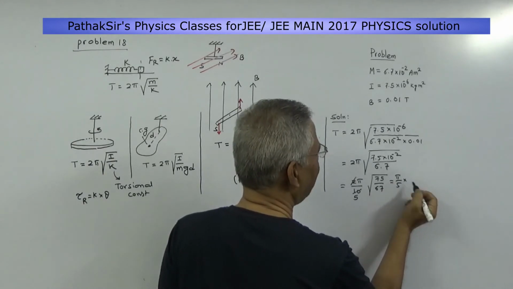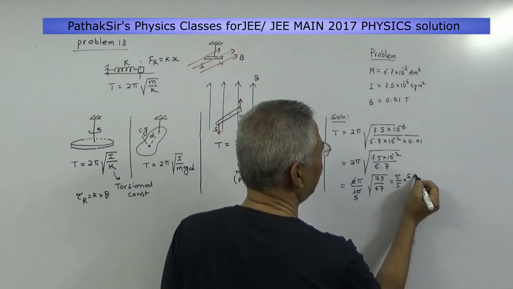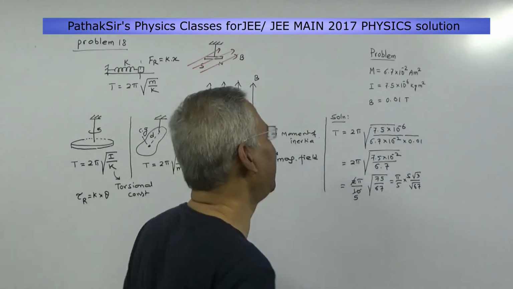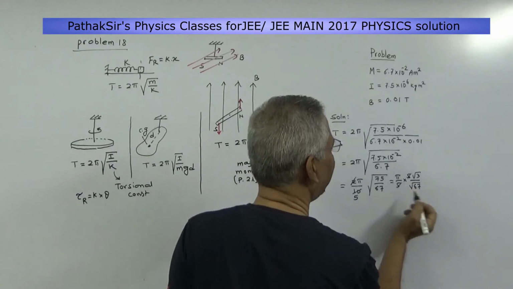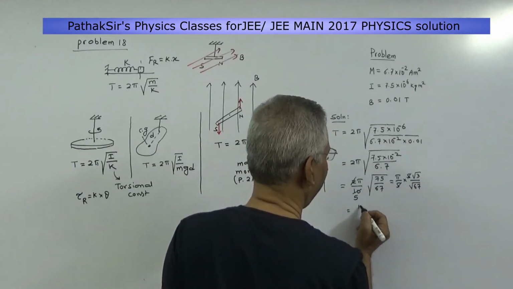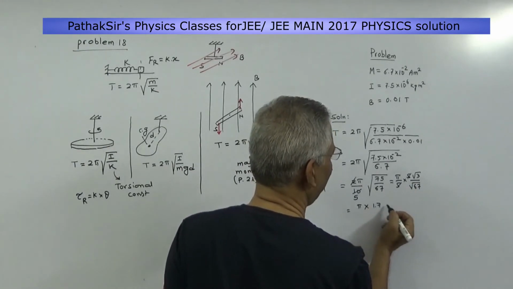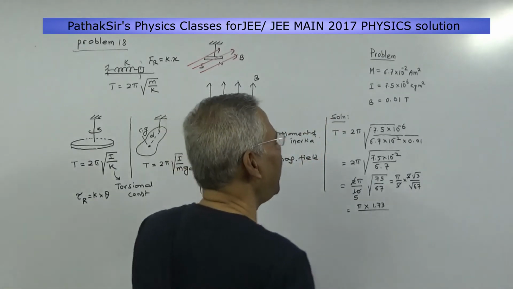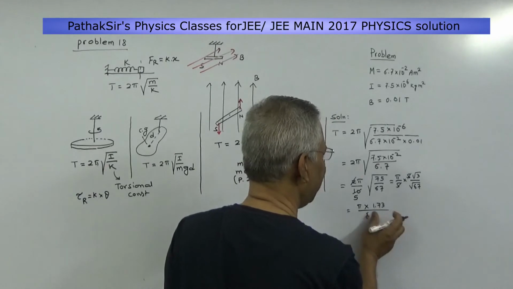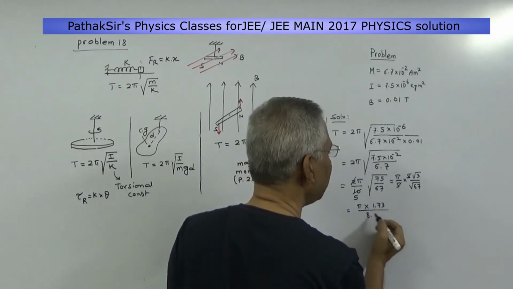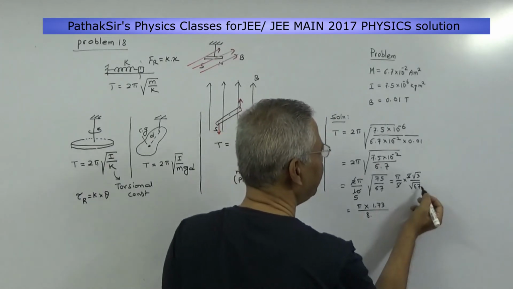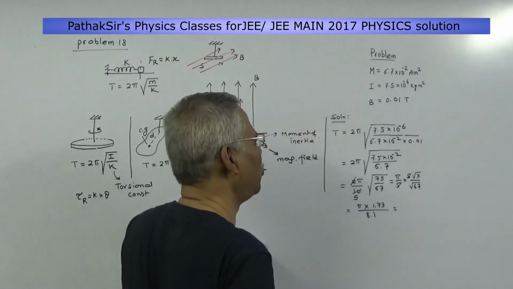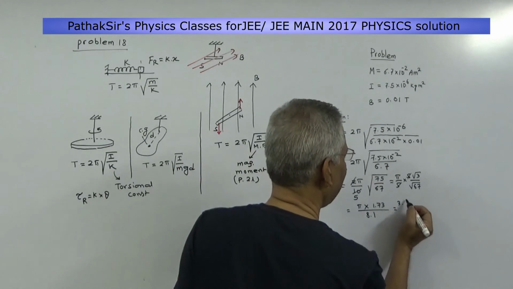Pi by 5 into 5 root 3 by root 67, the 5 cancels, equal to pi into 1.73 divided by root 67. It will be 8 point something, maybe 8.1. Try with pi equal to 3.14. So do some calculation.